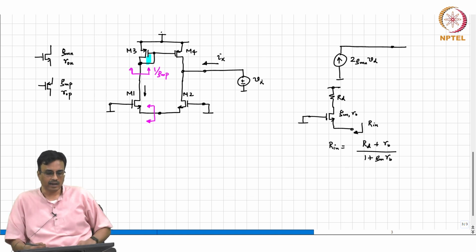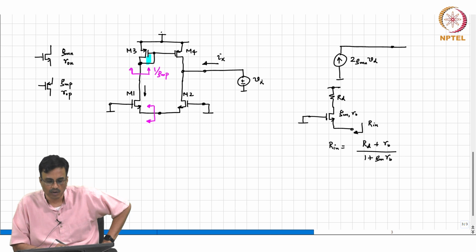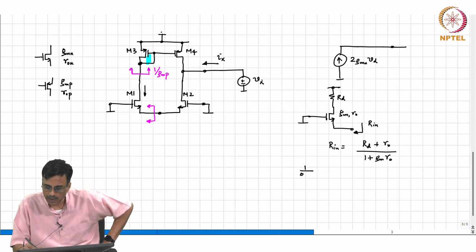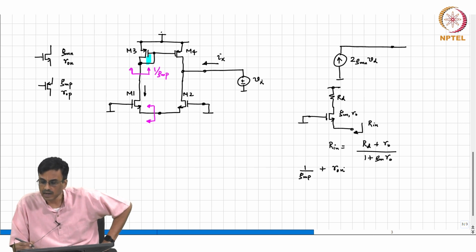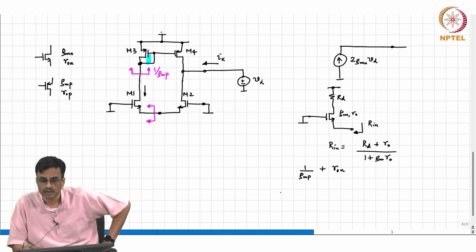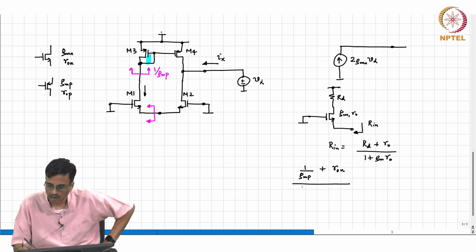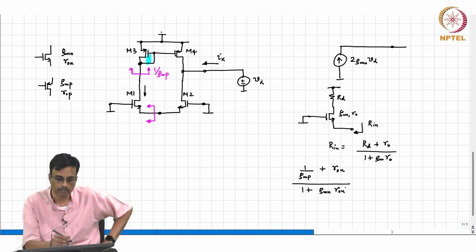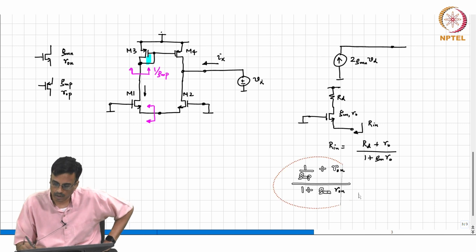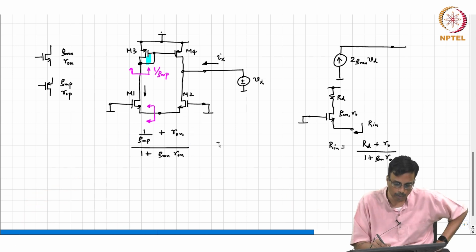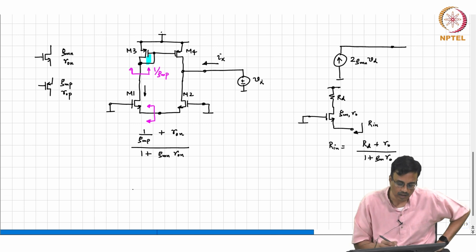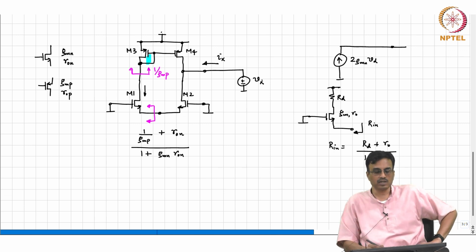All right. In our case, now what is RD here? 1 over GMP plus RON divided by 1 plus GMN RON. Okay, so what can we approximate this as? Which is larger? In the numerator, which term can we neglect?